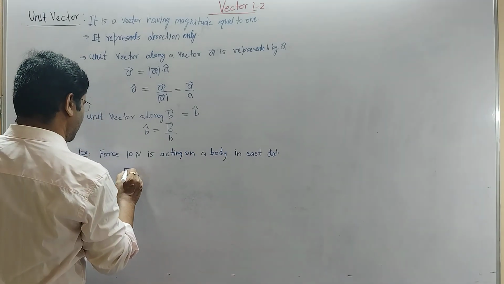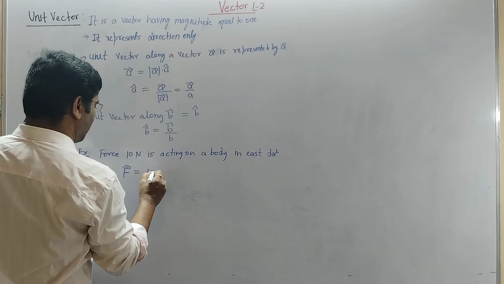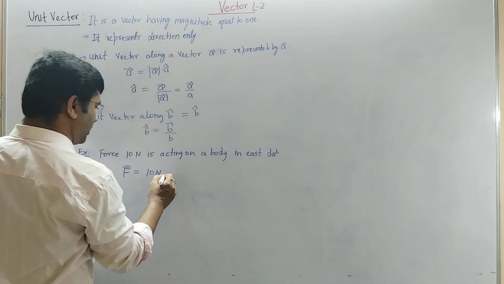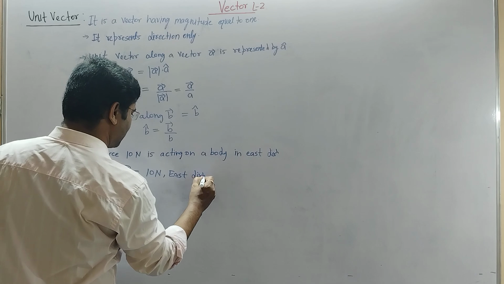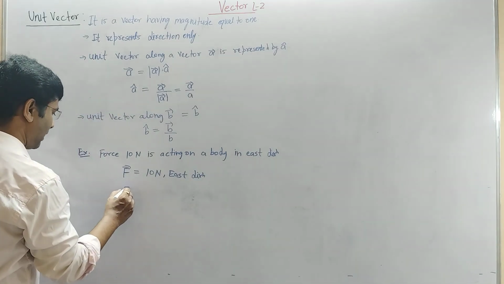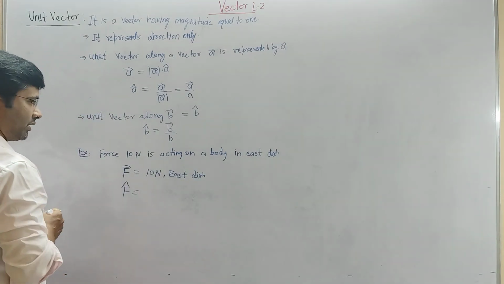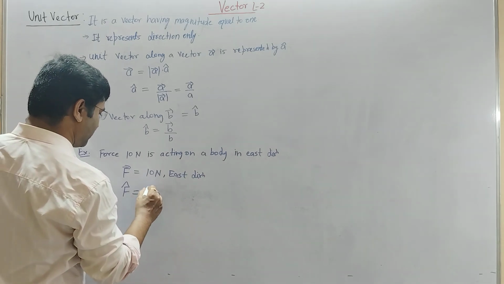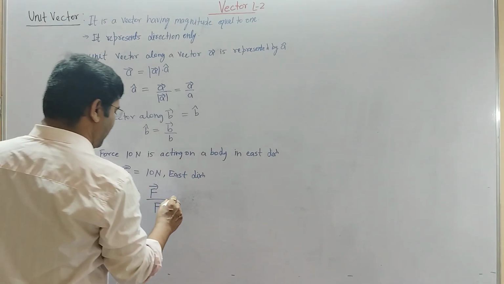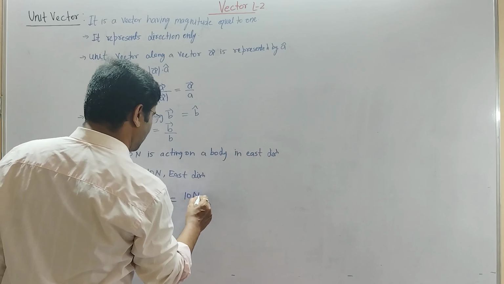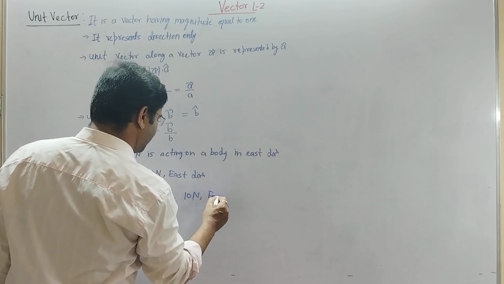So we can write this force equal to magnitude of this force and east direction. Okay. So when I am calculating the unit vector along this force direction, the unit vector is force upon magnitude of this force. And what is the force here? 10 Newton, east direction.